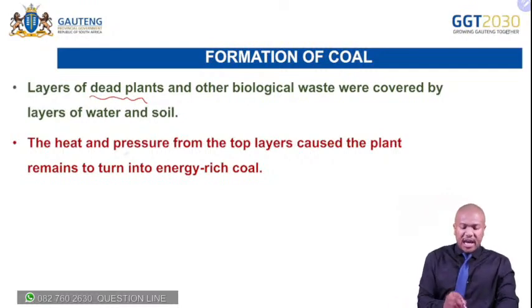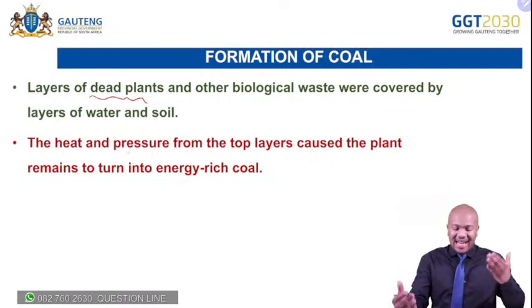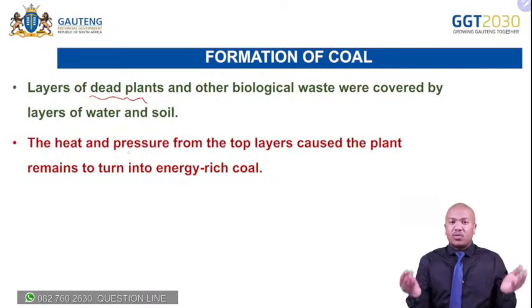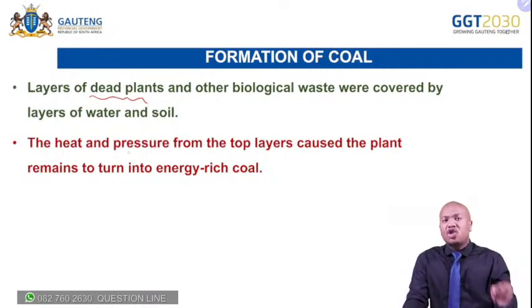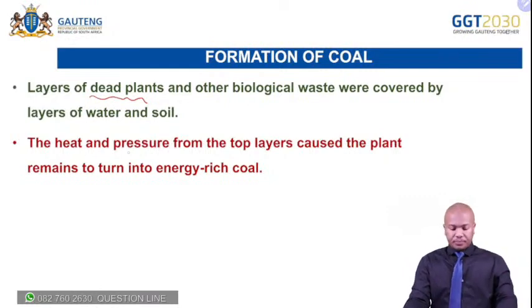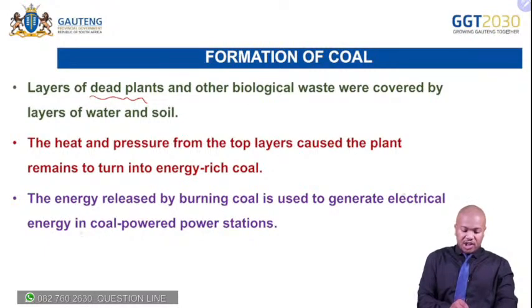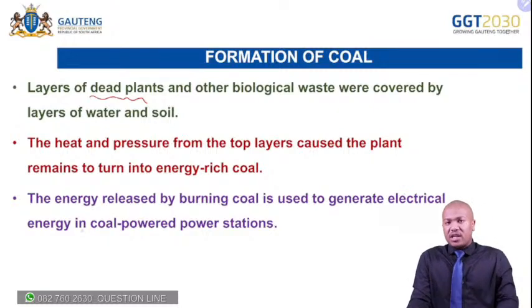So you need heat and pressure to turn the dead plants and biological wastes that are covered with a layer of water and soil to make up coal. So now, the energy released by burning coal is used to generate electricity and electrical energy in coal-powered stations. We have talked about that.